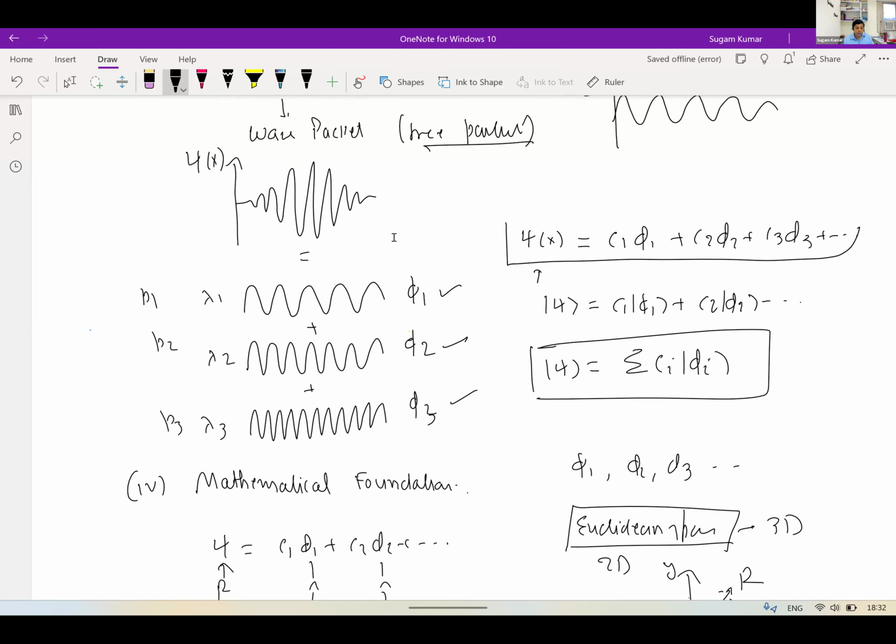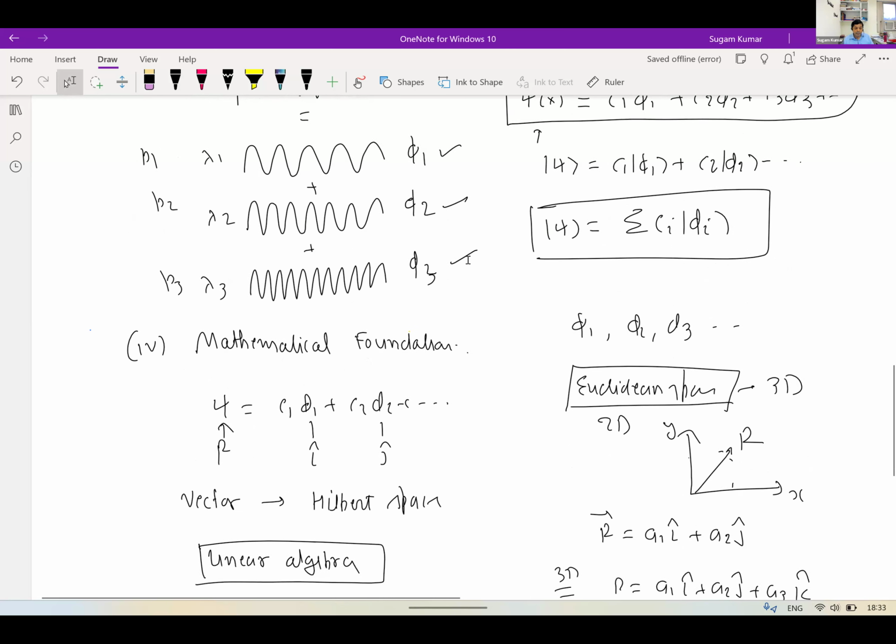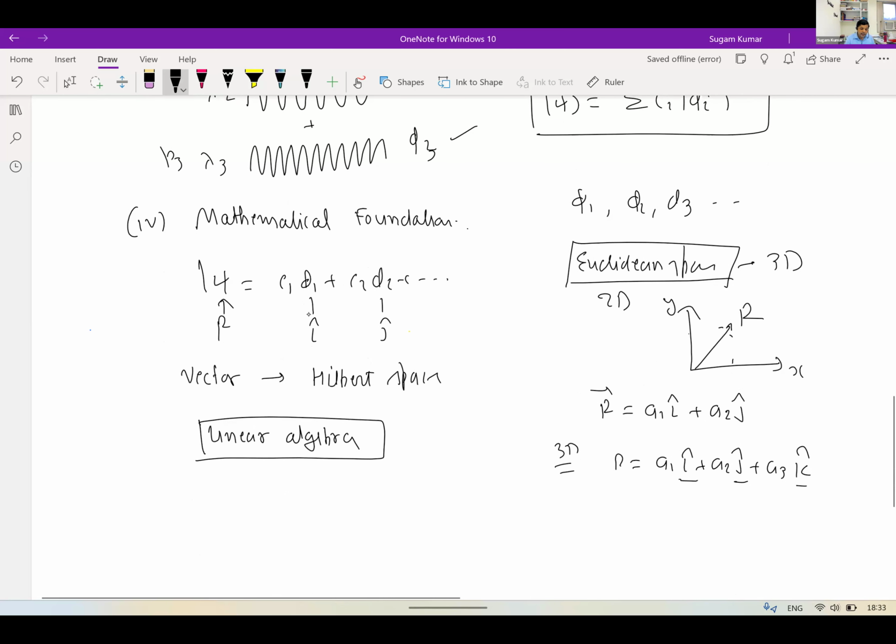We will see that these are orthogonal, and as a result, I can compare this psi to a vector. From now onward, we will call psi not only a wave function but also a vector, and that vector lies in the Hilbert space.